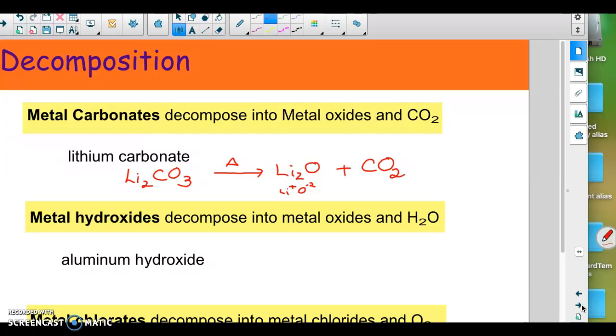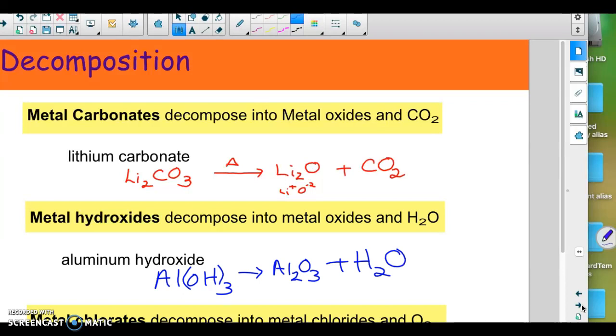Another decomposition reaction can happen with a metal hydroxide. For example, aluminum hydroxide will decompose into a metal oxide, which would be aluminum oxide, and water. So this is another example of a decomposition reaction.